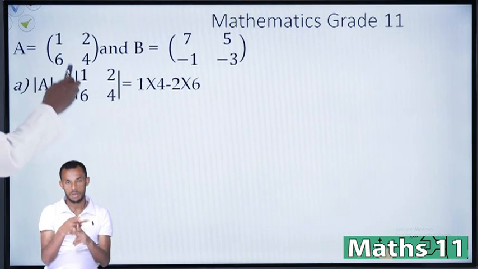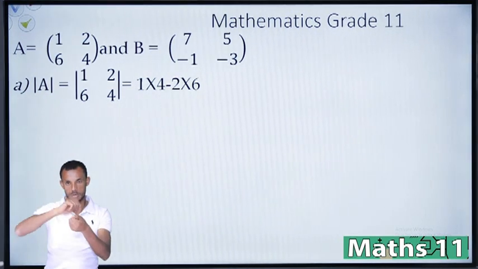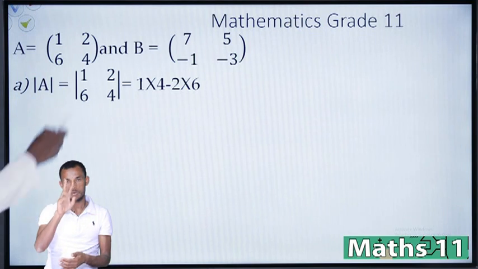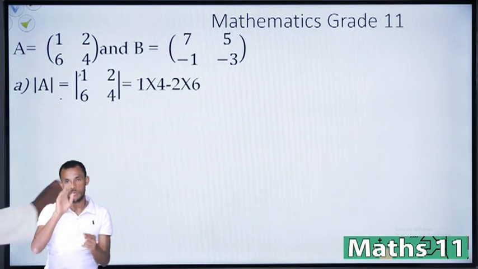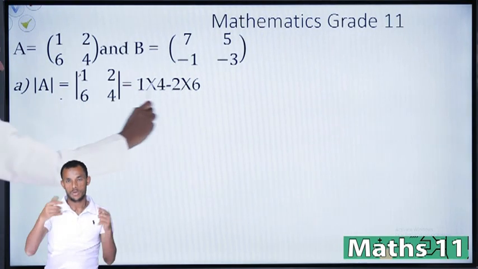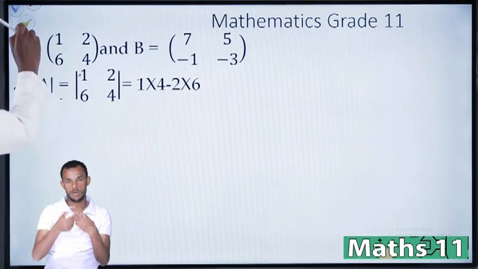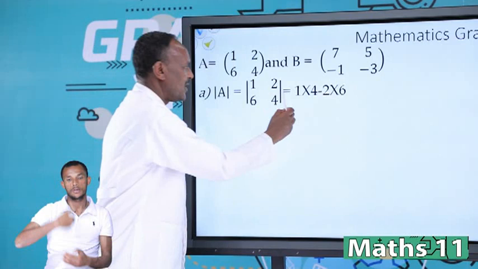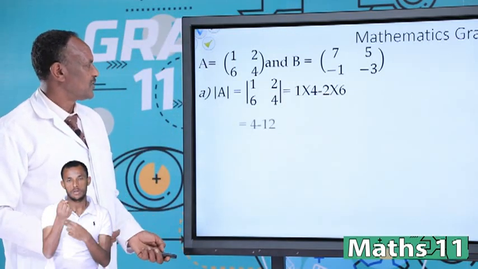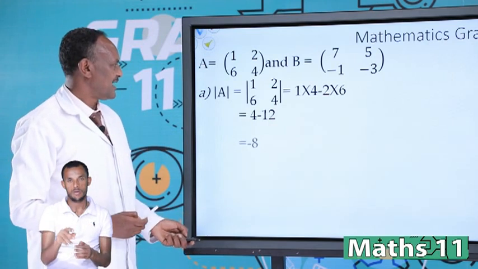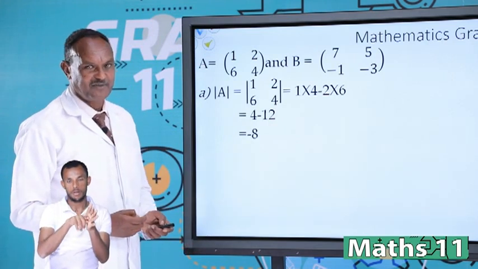Take care, brackets will be changed to this bar. 1, 2, 6, 4. The main diagonal element is 1 by 4 minus the opposite diagonal element is 6 by 2. Then 1 times 4, 4, minus 2 times 6, it was 12. 4 minus 12 gives a result of negative 8.